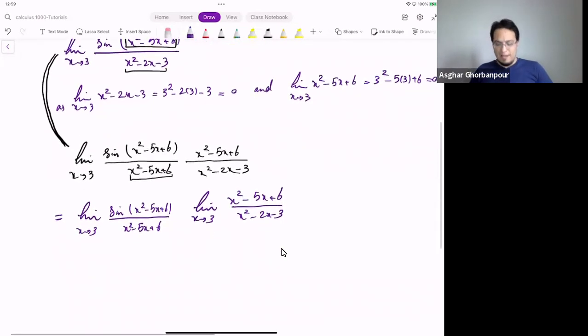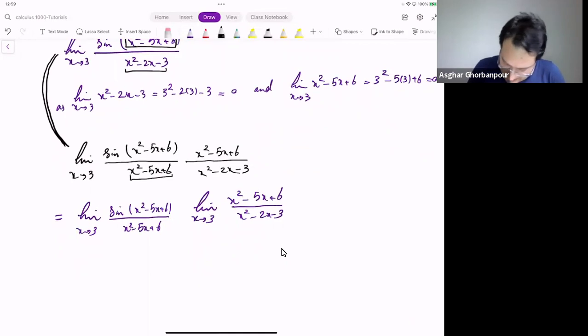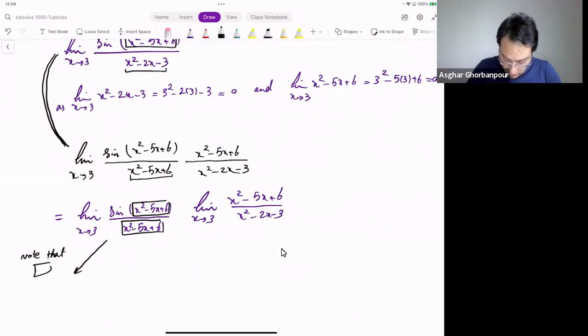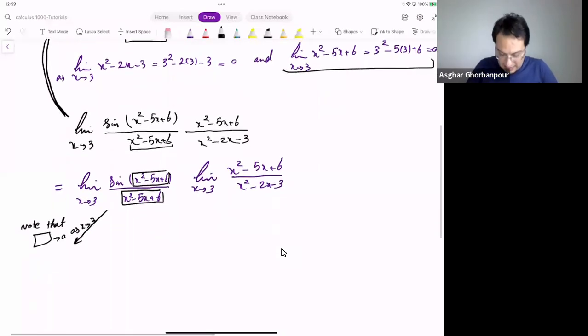This is the box, sine of box over box, and I have to make sure that the box goes to 0. Note that the box goes to 0 as x goes to 3, which is exactly the calculation I showed you here. So the first one is sine of something over that something as that something goes to 0.